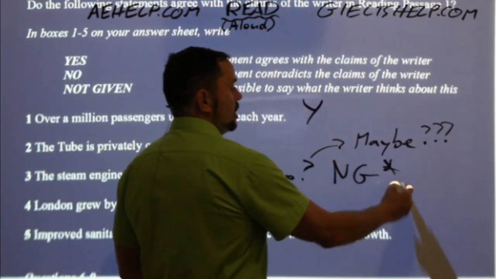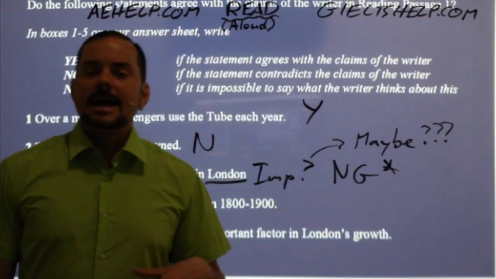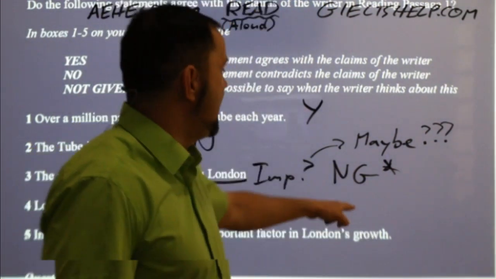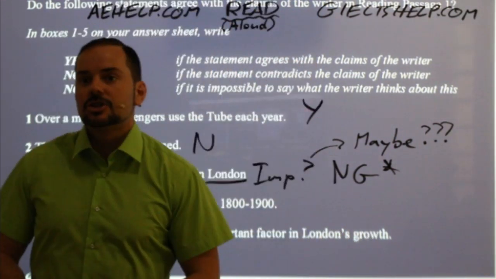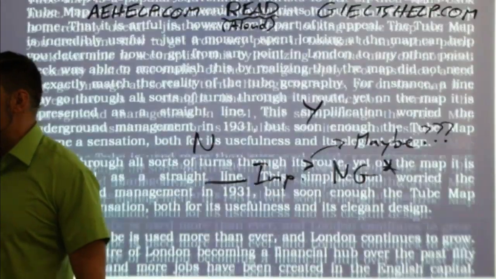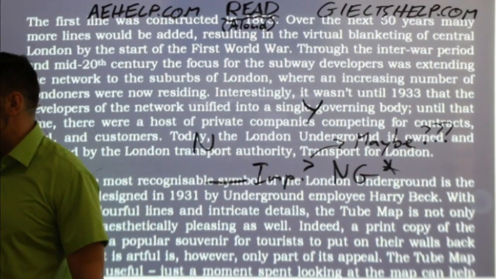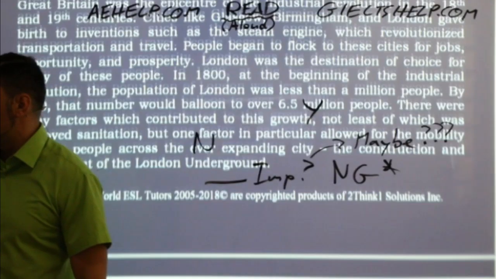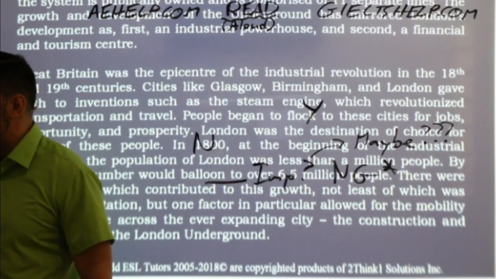I'm going to give it a not given. I'll put a star if I have a minute at the end of this passage and questions. I'll come back to this, and then I'll search the passage and realize that it was somewhere in the development of London.